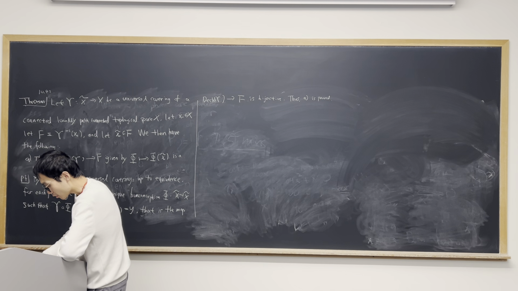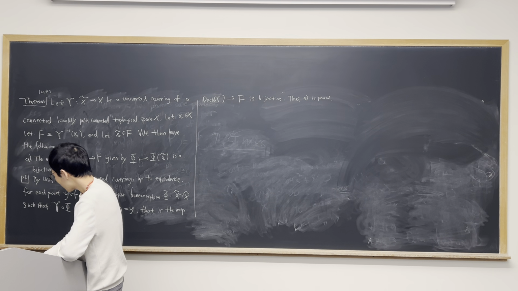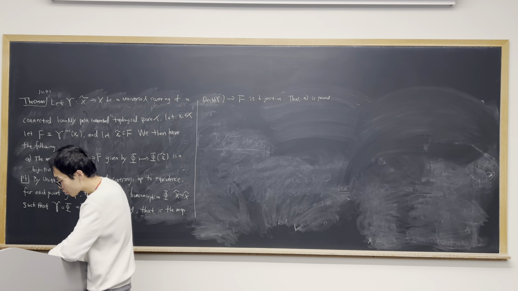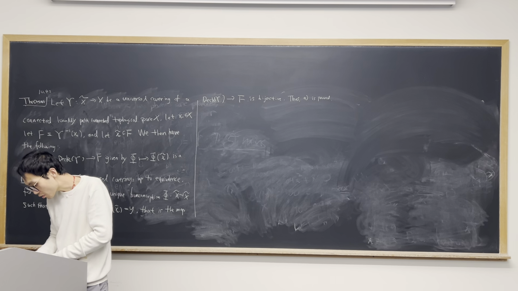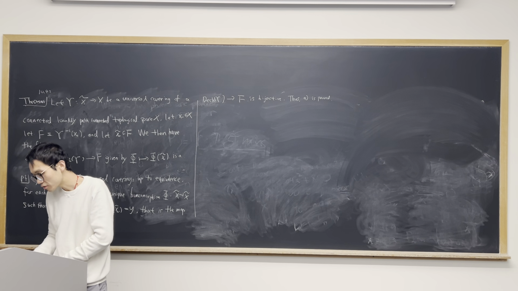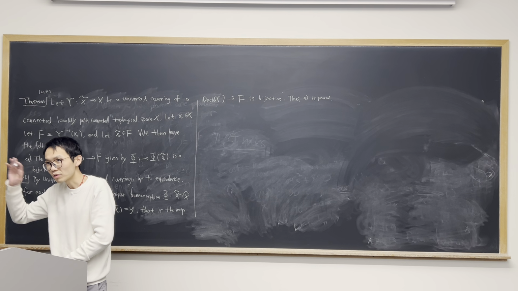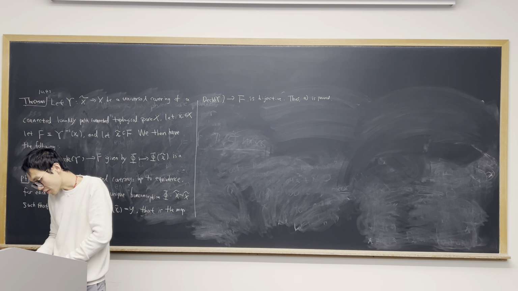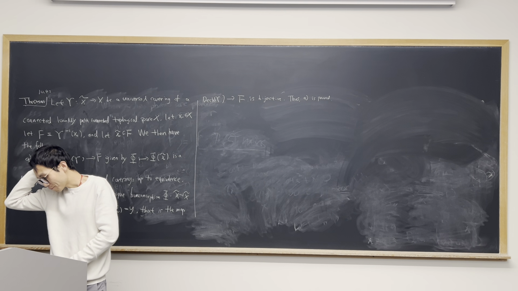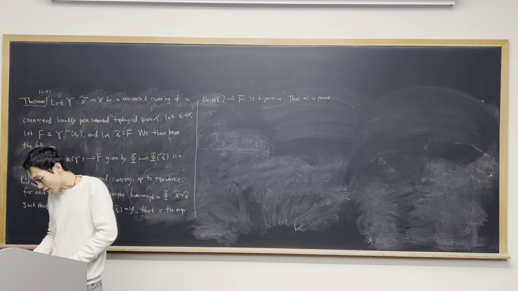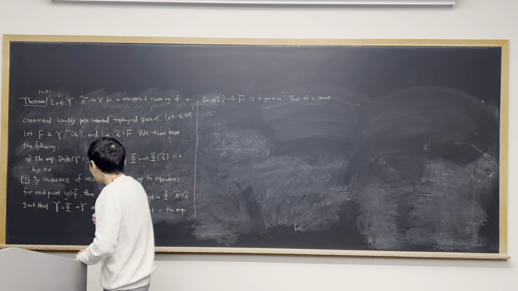So that means, let me revise myself: if two covering spaces of the same base space are equivalent, there is a homeomorphism between the covering spaces that is a lifting of gamma, where gamma is the first covering. So this is the theorem behind this argument.